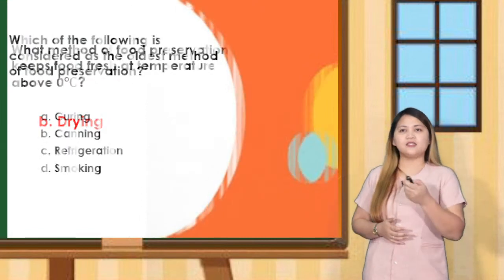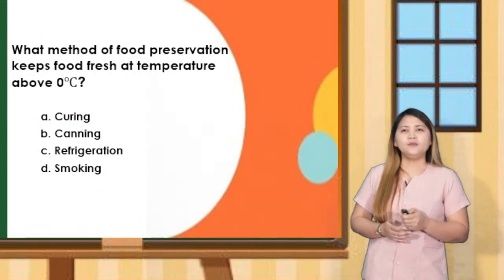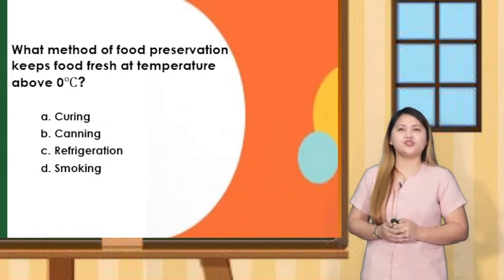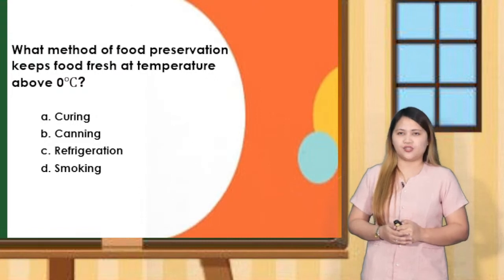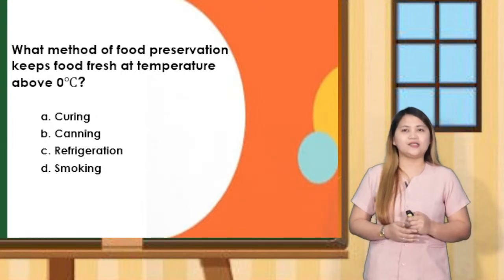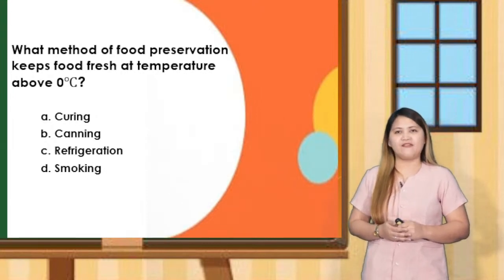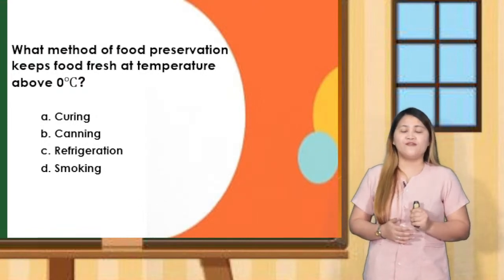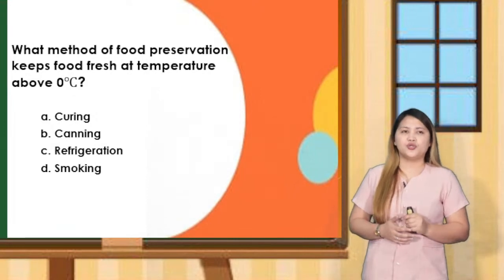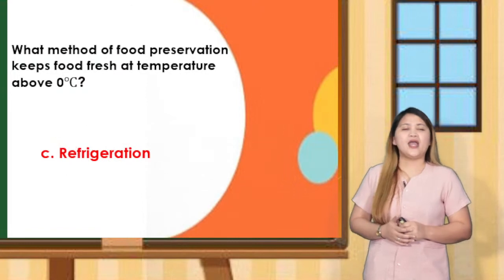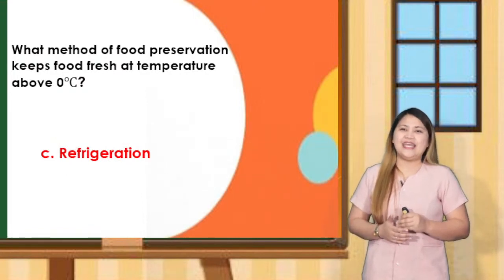So here, next question. What method of food preservation keeps food fresh at temperatures above 0 degrees Celsius? Your choices are A. Curing, B. Canning, C. Refrigeration, or letter D. Smoking. You have 5 seconds to think of your answer. In 5, 4, 3, 2, 1. And your answer is? If you answered letter C, then your answer is correct.